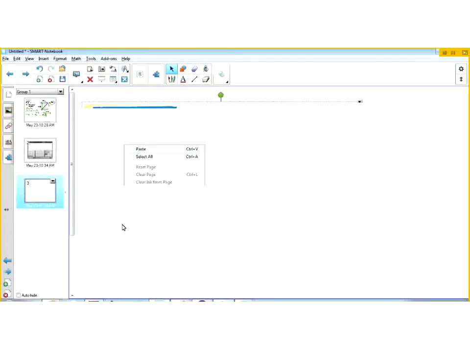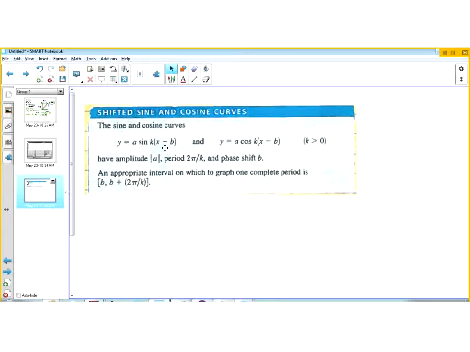So, shifted sine and cosine curves. Just like with algebraic functions, to shift the function, you add or subtract this number b from the argument x. And so, of course, if you subtract a number from the argument, that is a right shift. If I were to add a number to the argument, that would result in a left shift. So in this case, look at this notation here.